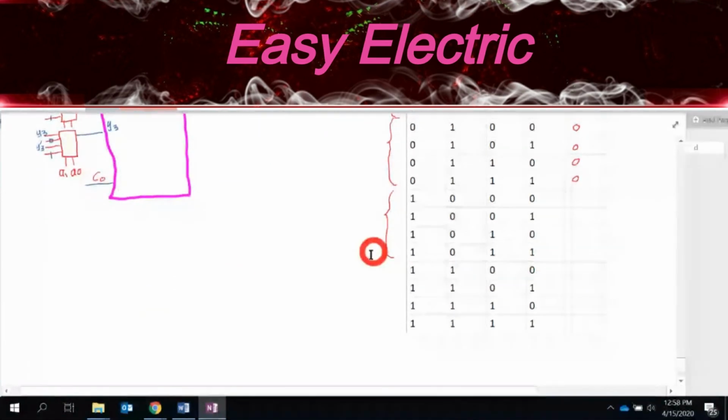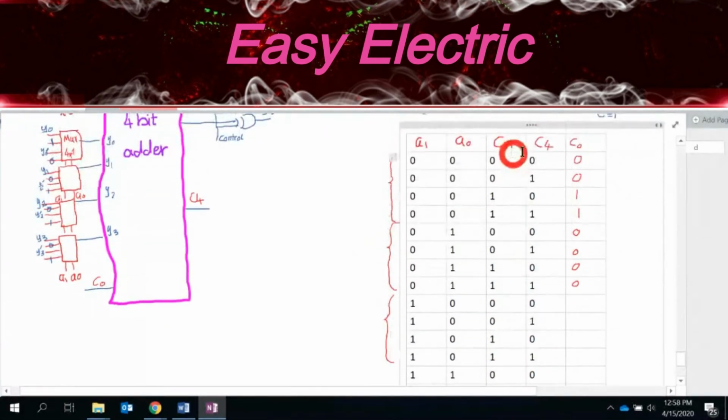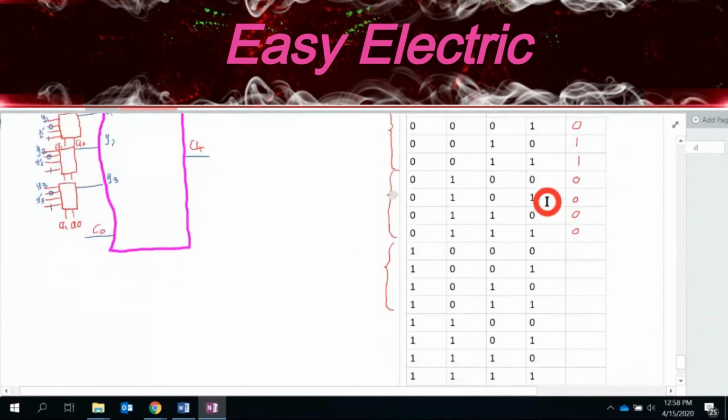So in this case, it should be exactly C4. C4 is this column, so whatever you have for C4 should be exactly the same. Here is 0, should be 0. Here is 1, it should be 1. Here is 0, should be 0. This is 1, and this should be 1, okay? That's exactly the same thing.